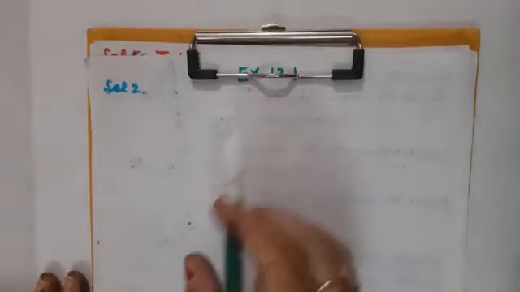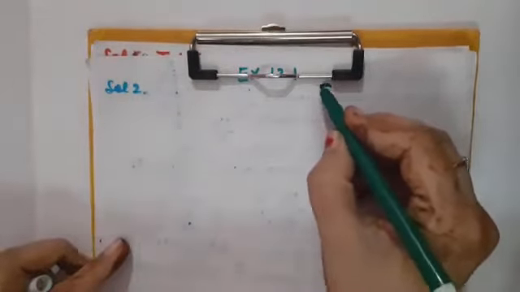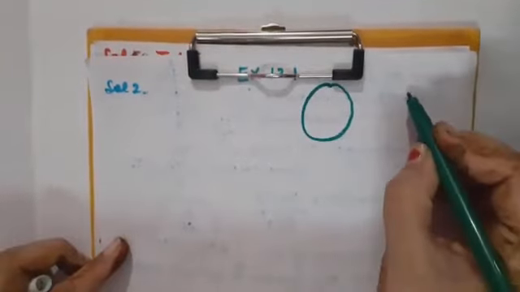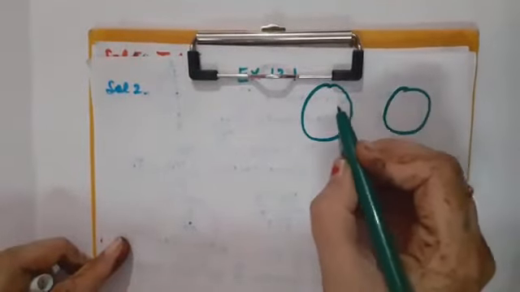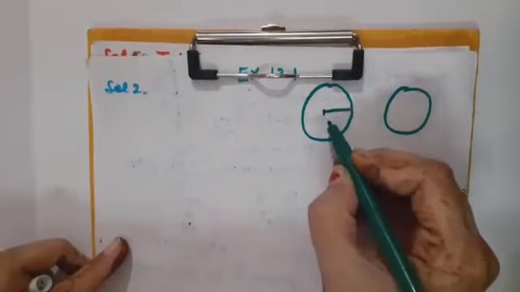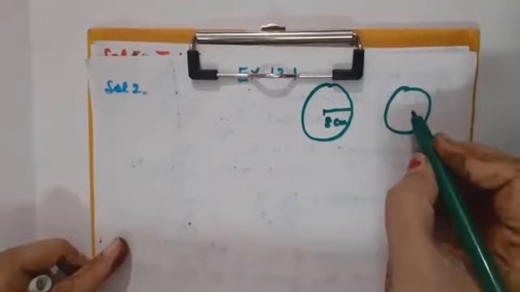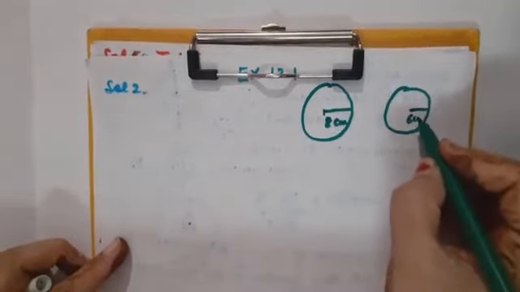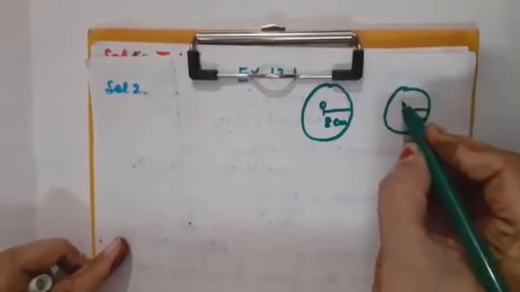The statement of the second question of exercise 12.1 says the radii of two circles are 8 centimeter and 6 centimeter. So here I am going to make two circles, one and another one. The radius of the first one is 8 centimeter and the radius of another one is 6 centimeter.